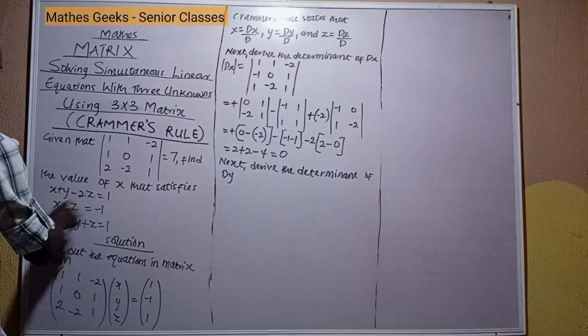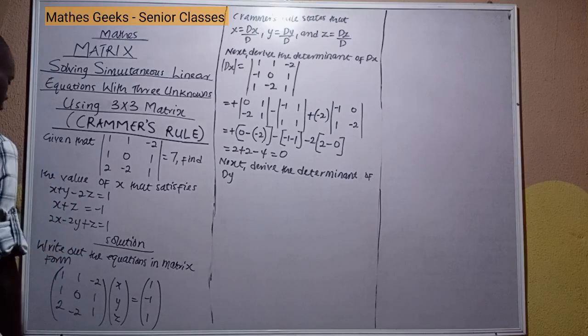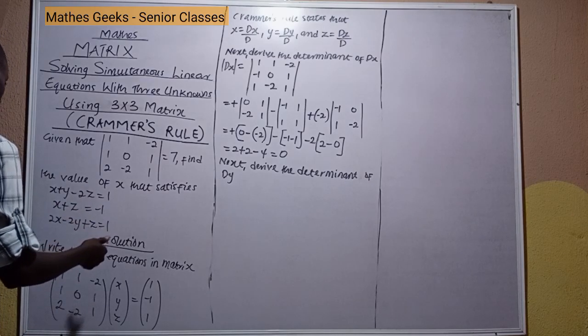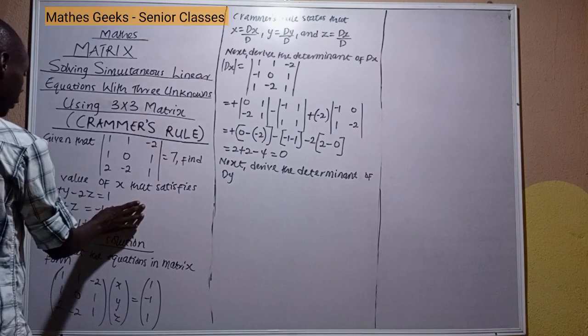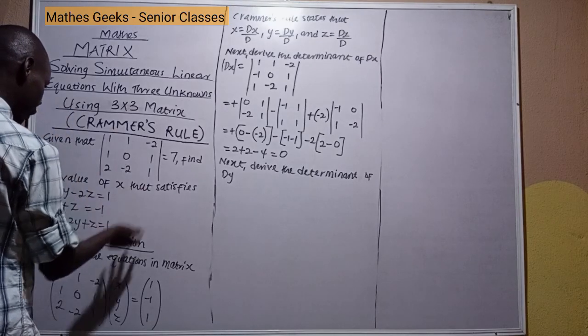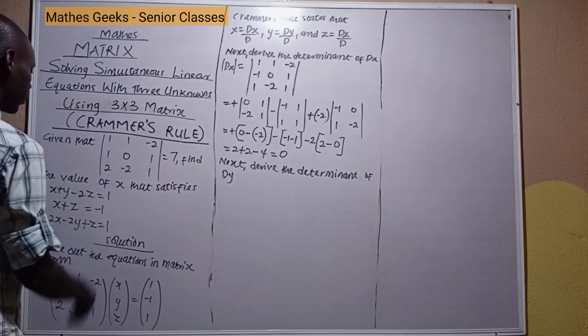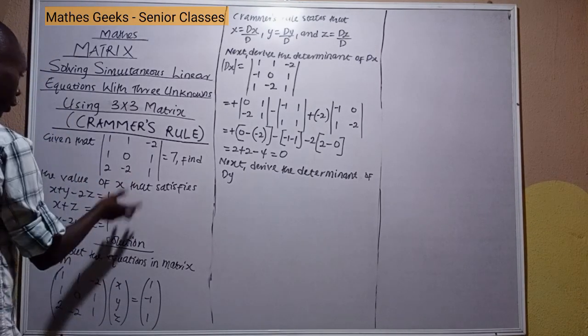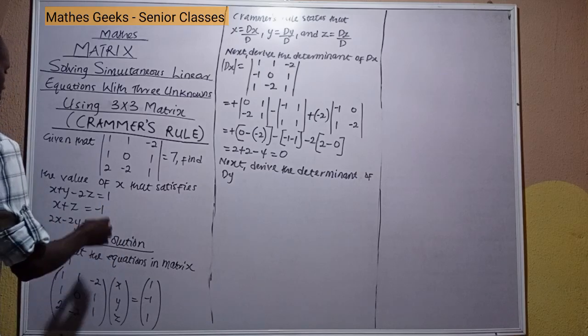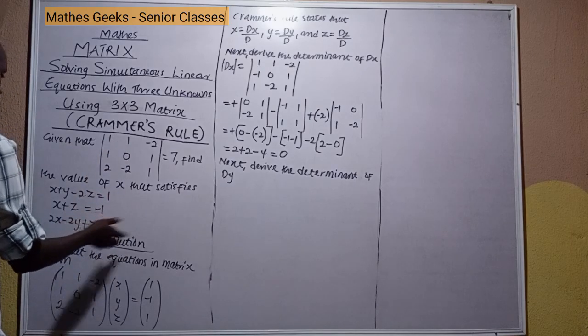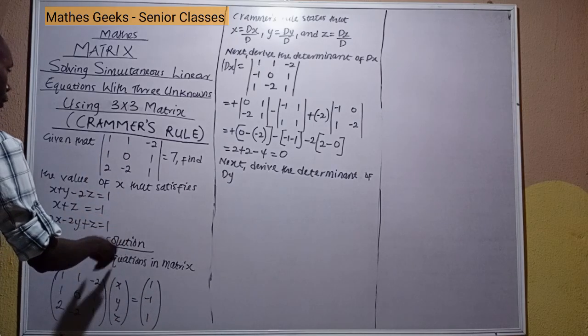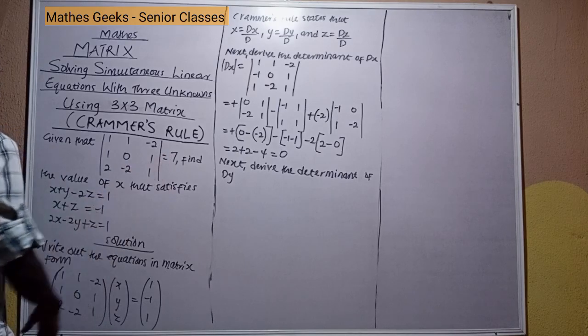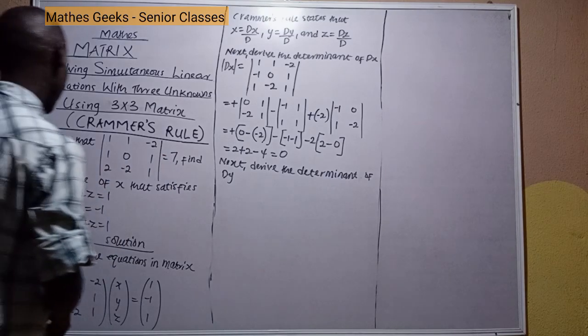I solved for the unknown and advised you to follow the condition given in the exam. If this is an exam question or a class test, just follow the instruction. But because I'm teaching, I need to also give the other values so you will see how Cramer's method is used to solve for the unknowns simultaneously.